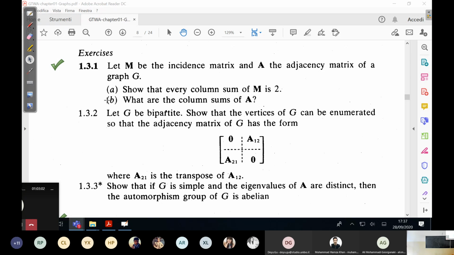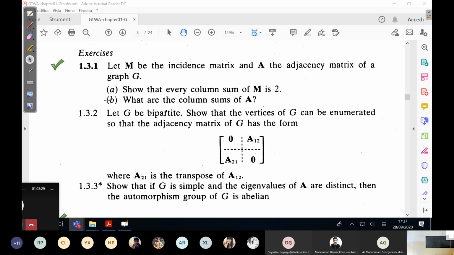So let M be the incidence matrix and A the adjacency matrix of a graph G. Show that every column sum of M is 2. Why? Let's think of what an edge is. Either it is what is called a link, that is, its ends are two different vertices, or it is a loop and its ends coincide in just one vertex.